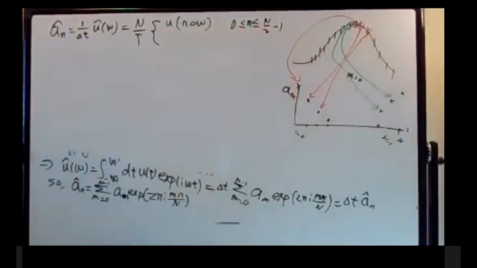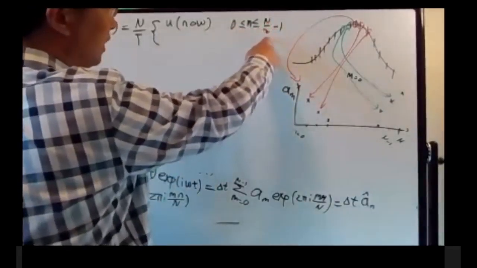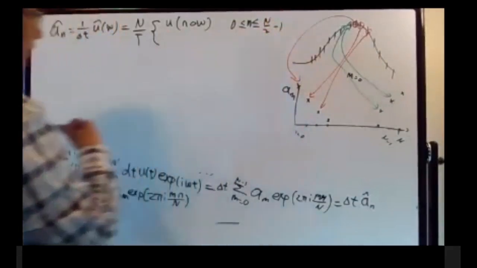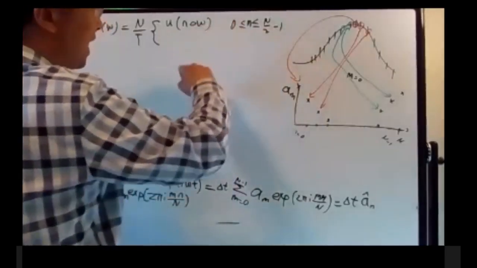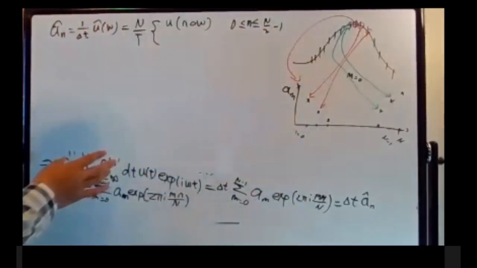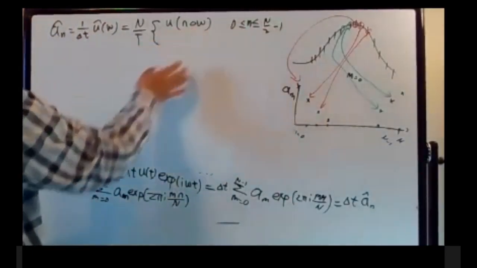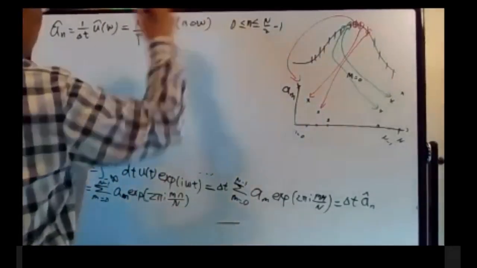For example, if N is 100, 100 divided by 2 is 50, 50 minus 1 is 49. So from 0 to 49 is the u_n omega, that's the u hat, right?